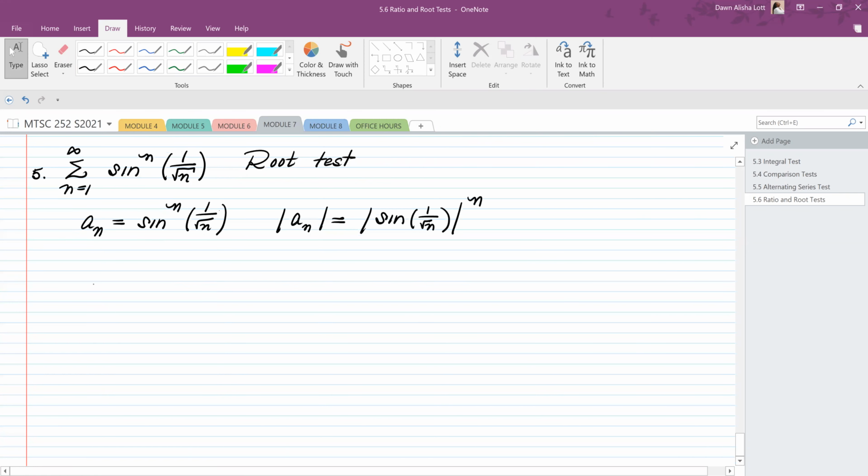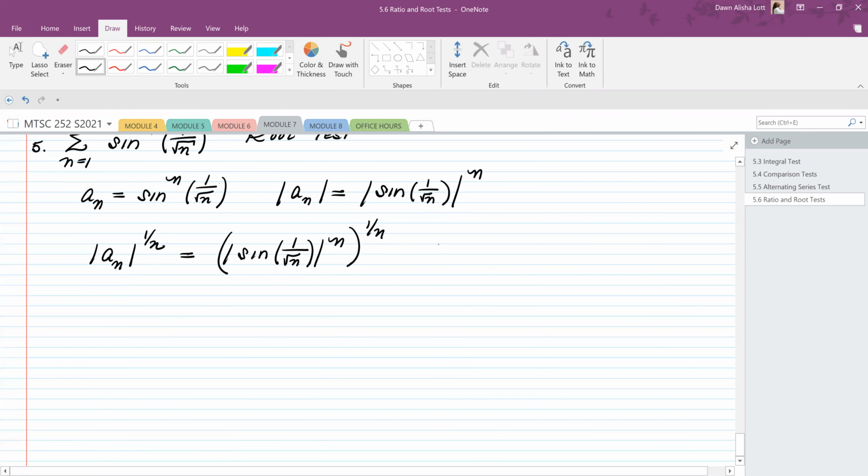So therefore, the absolute value of a_n to the 1 over n is the absolute value of the sine of 1 over the square root of n to the nth power, to the 1 over n. So the 1 over n's cancel. So that just gives me the sine of 1 over the square root of n.